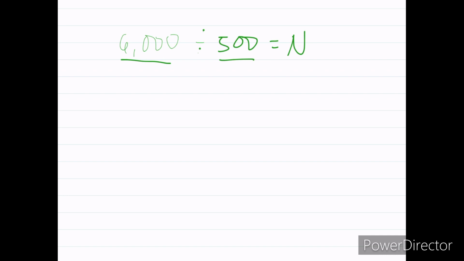First step, count the number of shared zeros in the divisor and in the dividend. Here in the divisor, we have 2 zeros. Next, here in our dividend, we have 3 zeros.